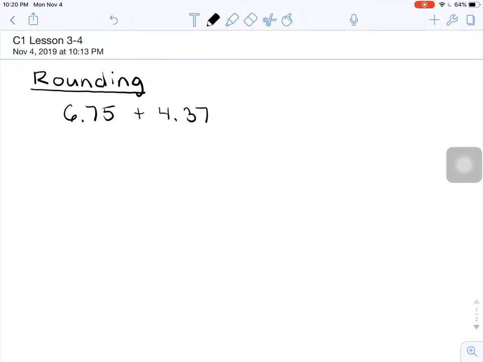So this is a decimal problem where we are adding decimals, but we're not going to actually add the decimals. We're just going to estimate the answer. When you're using the rounding strategy, the reason why it's called the rounding strategy is because we're going to round the decimals off. And specifically, we are going to round to the nearest whole number.